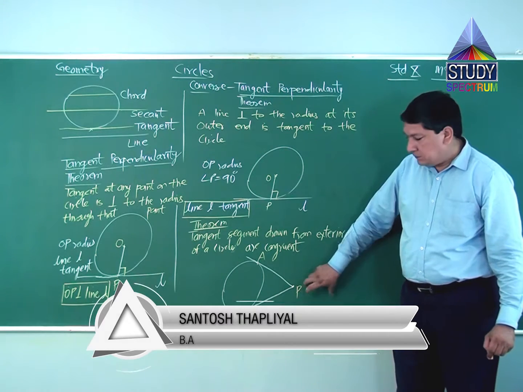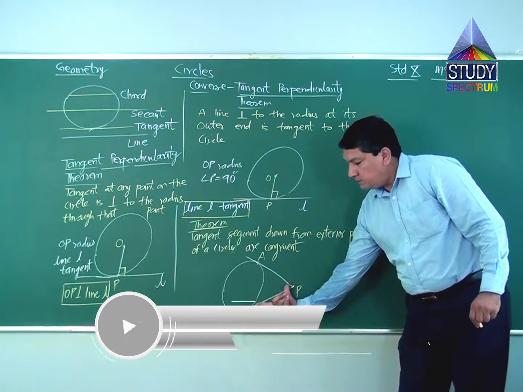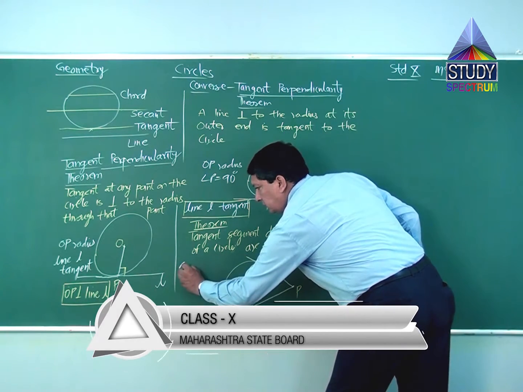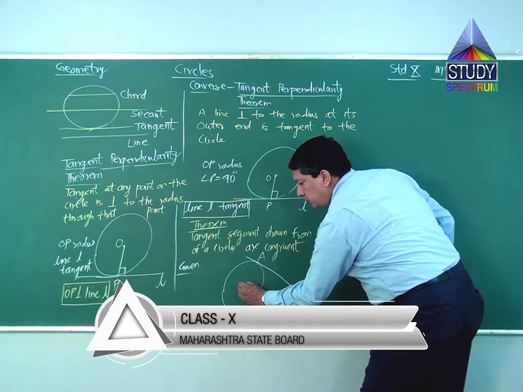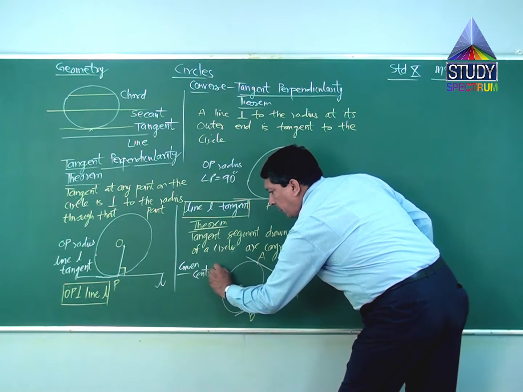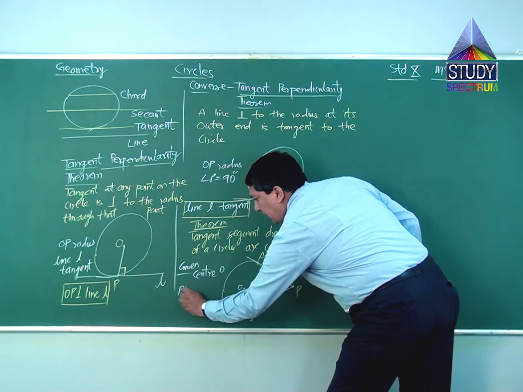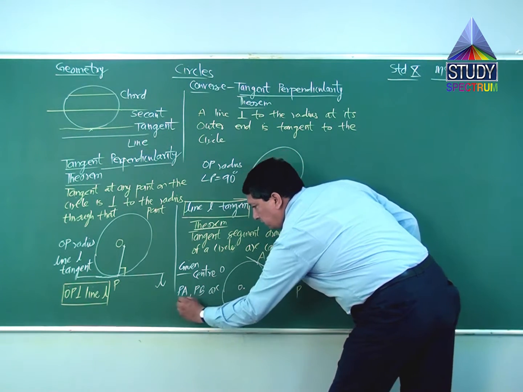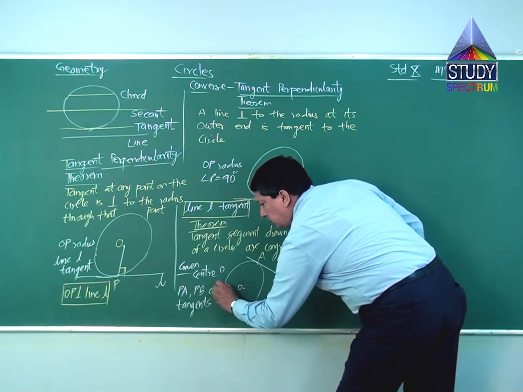If from outside the circle I have drawn two tangent segments, then both will have the same length. This means, given to us, the circle's center is O, and PA and PB are tangents.